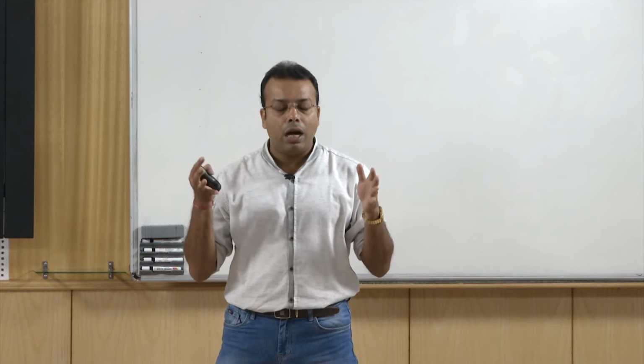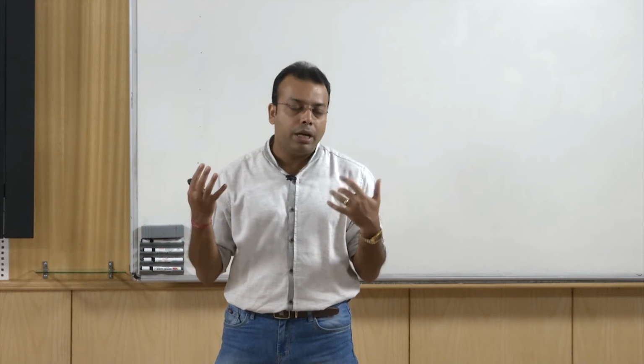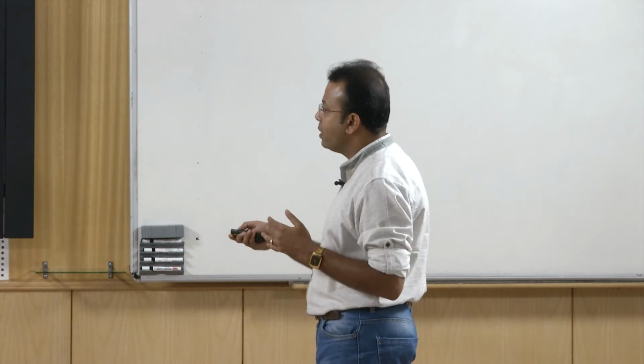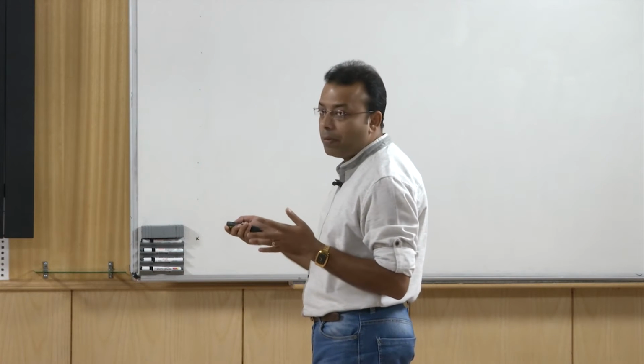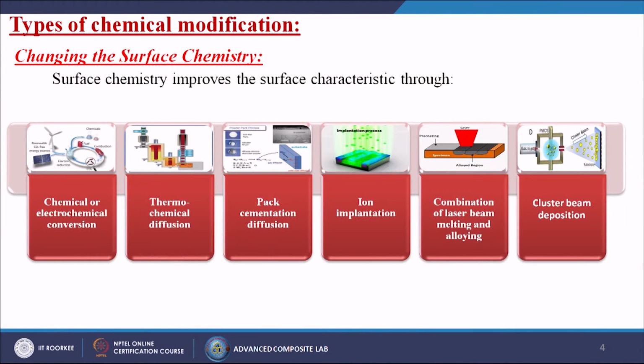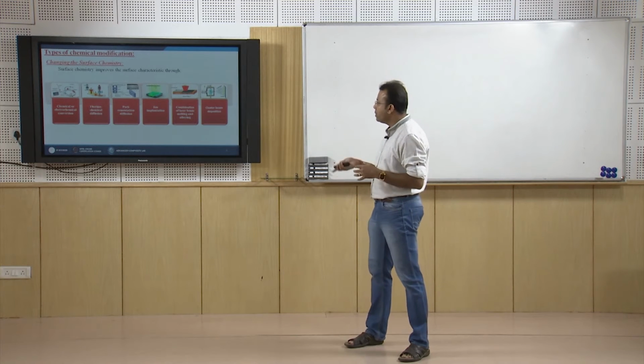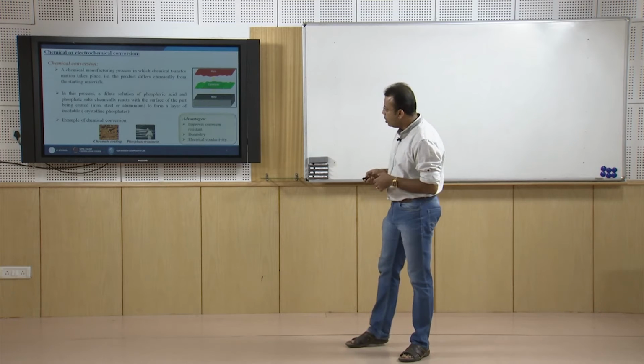Depending upon the proper selection of the material and the proper choice of method of surface chemistry, you can do several applications. So, chemical or electrochemical conversions, thermochemical diffusions, pack cementation diffusions, ion implantations, a combination of laser beam melting and alloying, and cluster beam depositions. These are the various methods by which we can change the surface chemistry. So, what are those?